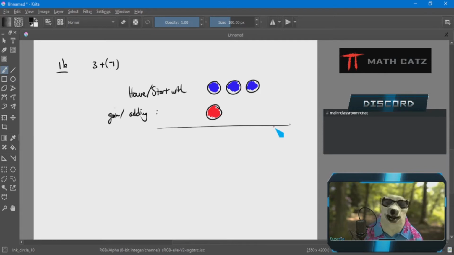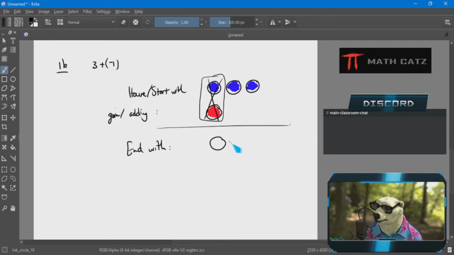Obviously, only 2 chickens. So it's not a big leap to make the simplification that the debt will cancel with 1 of my chickens. A positive and a negative chip will cancel each other. And what I am left with, or let's say end with, will be 2 chickens.